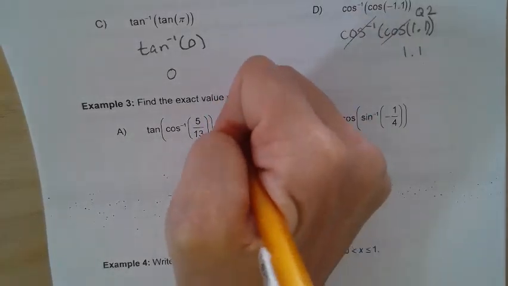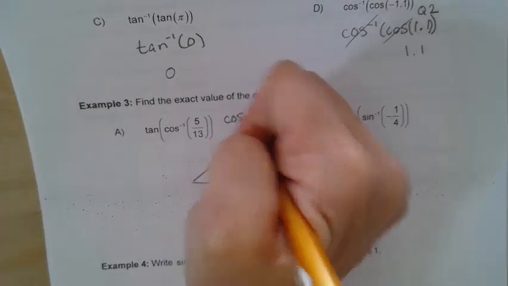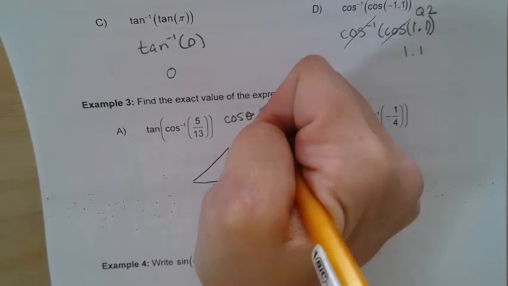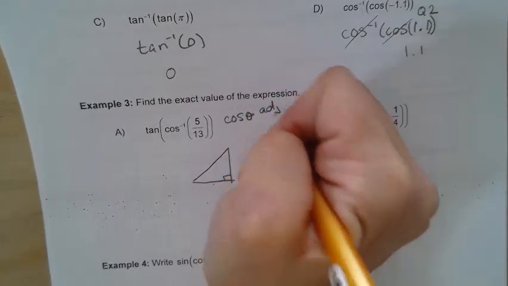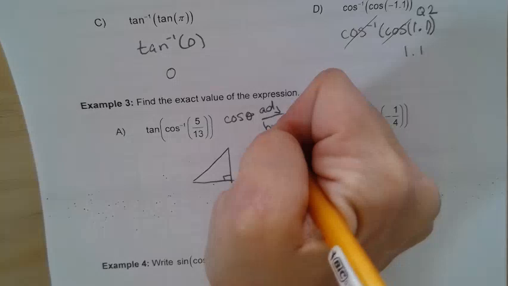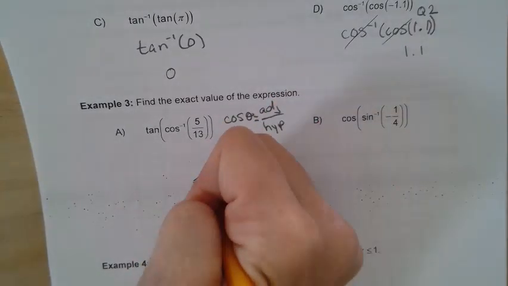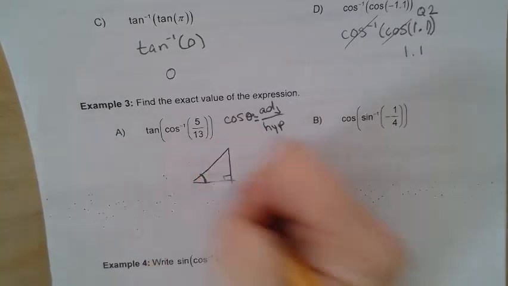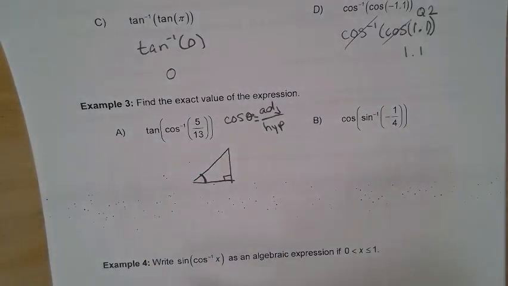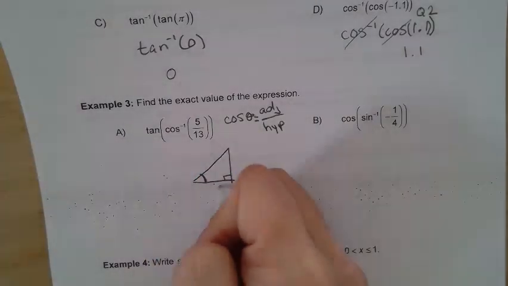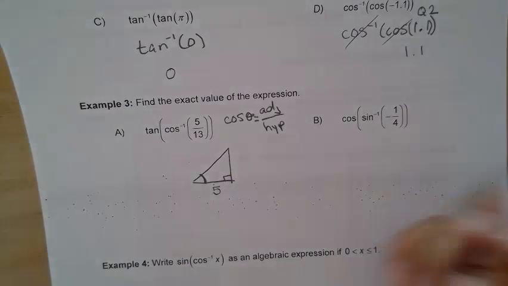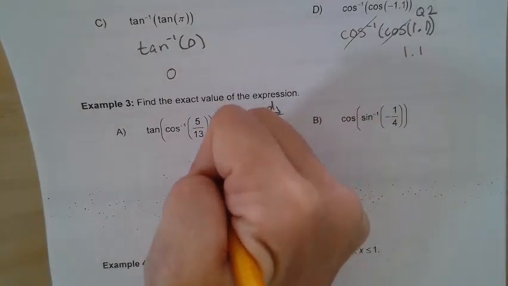Cosine is adjacent over hypotenuse. So if our inside angle is there, that means the adjacent side is 5 and the hypotenuse is 13.